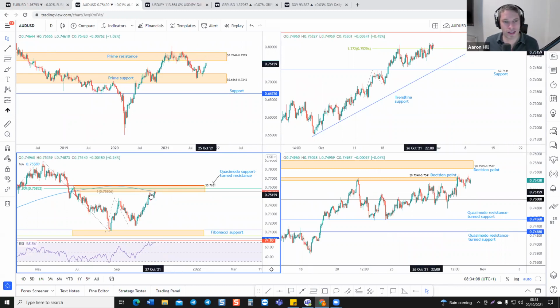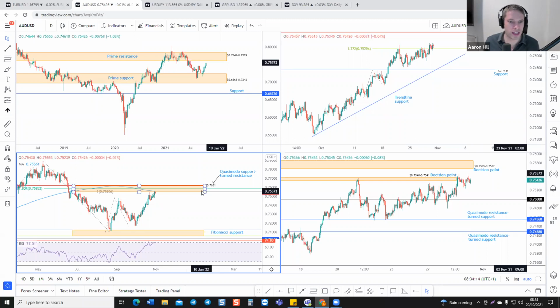Price is not there yet at the 200-day simple moving average. We're about 4 pips off currently. But as you can see, this resistance is also fed by Fibonacci ratios as well. Interestingly, this is clipped to the lower side of the prime resistance on the weekly time frame. So this is certainly an area to keep an eye on.